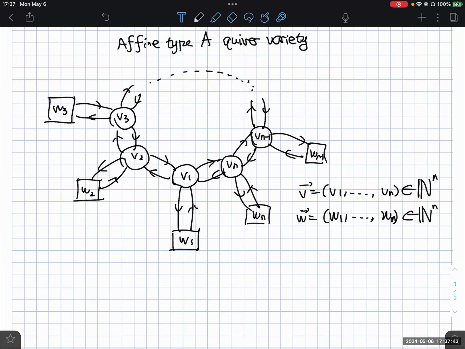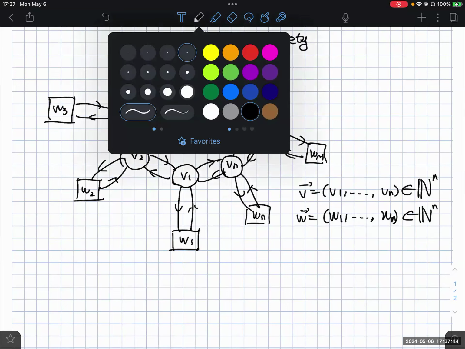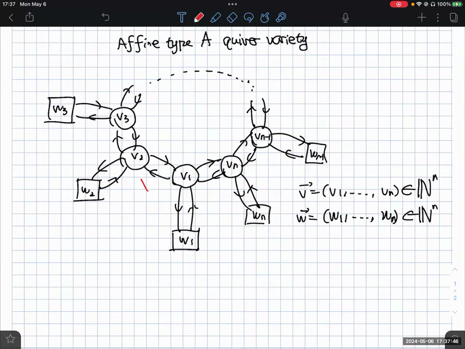For example, if I label the arrows x1, y1, x2, y2, and so on up to x(n-1), y(n-1), xn, yn, and a1, b1, the meaning of these morphisms is the following.